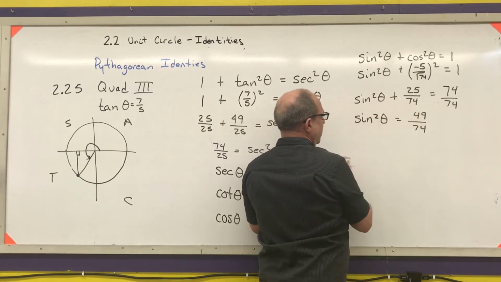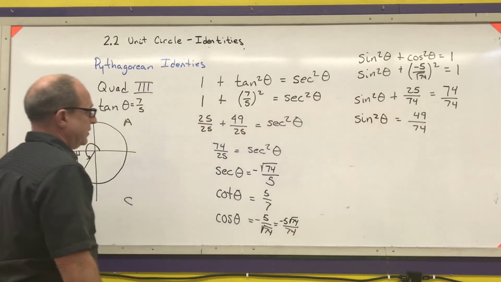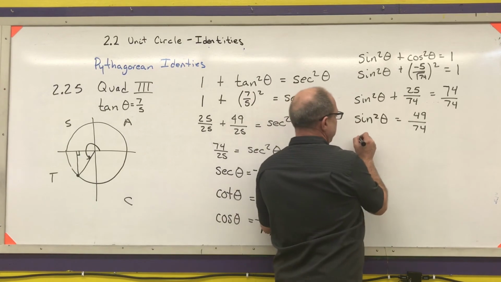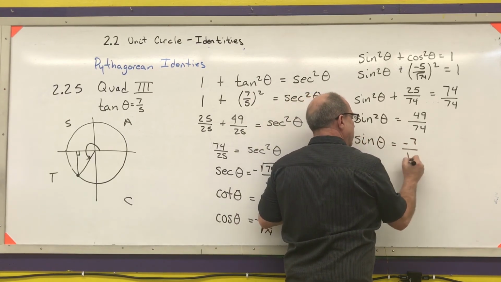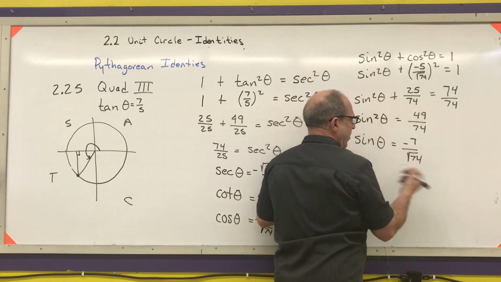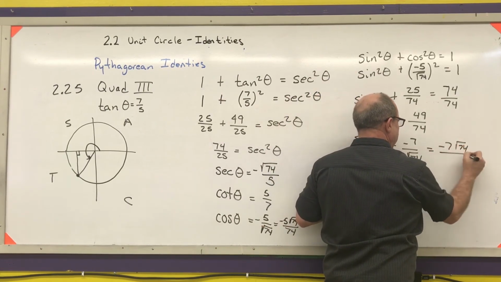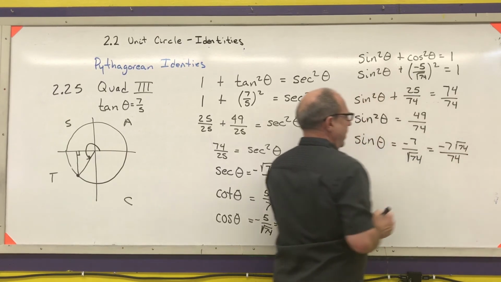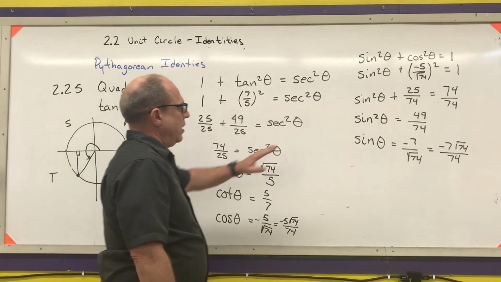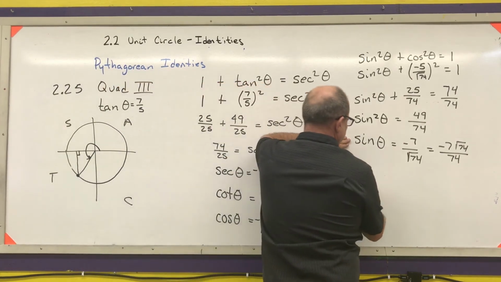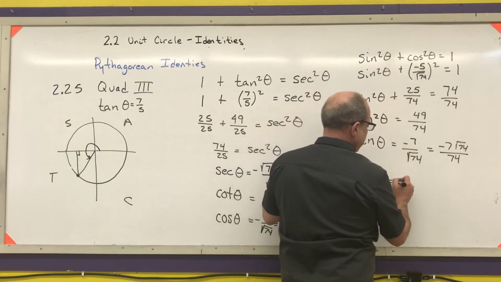If I take the square roots, okay, again, sine in quadrant 3 is negative, so I'm going to take the negative root. Okay, rationalizing, I get -7 root 74 over 74. Okay, and then the cosecant of that is the reciprocal of this.